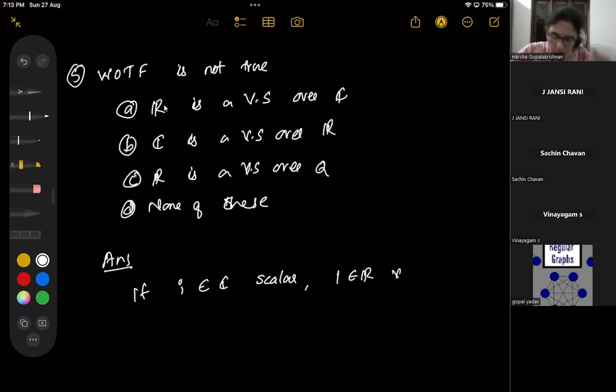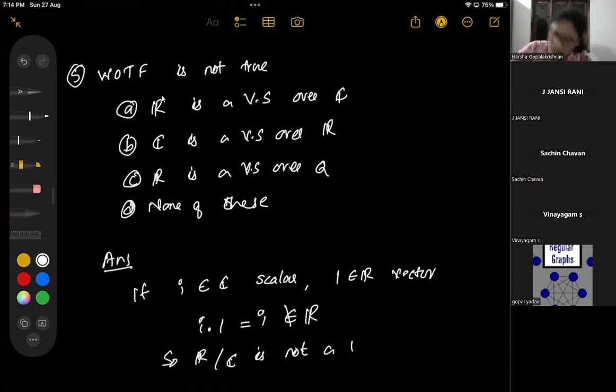So under the properties of scalar multiplication, this scalar into this vector should be the element of R. But here I into 1 equal to I, which does not belong to R. So R over C is not a vector space.